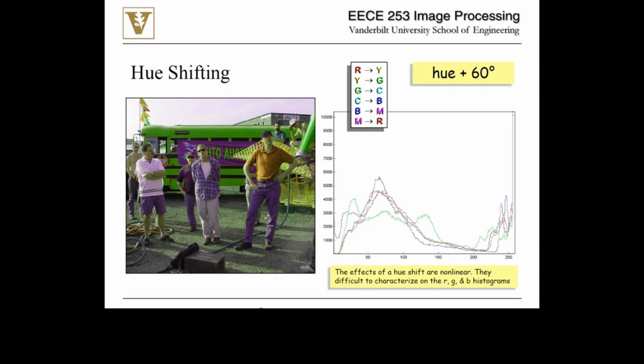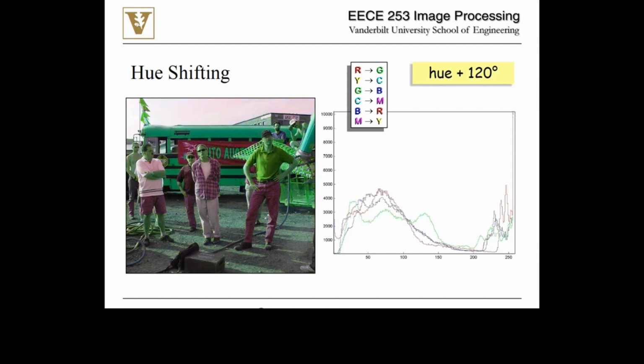So now, if I apply it to that, the image looks like that, and then I can make a turn of 120 degrees, 180 degrees. These were the complementary colors that we were seeing yesterday. Those are the colors that have exactly the opposite response from the cones in our eye.